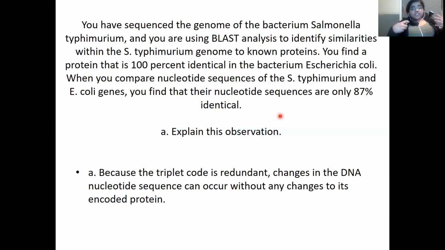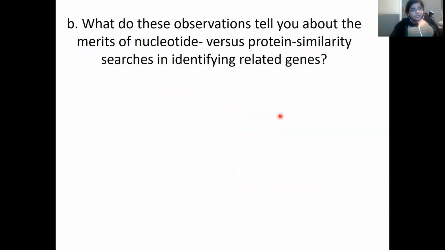So it's not changing the sequence of that amino acid. This is the second part of that question itself. What do these observations tell you about the merits of nucleotide versus protein similarity searches in identifying related genes?